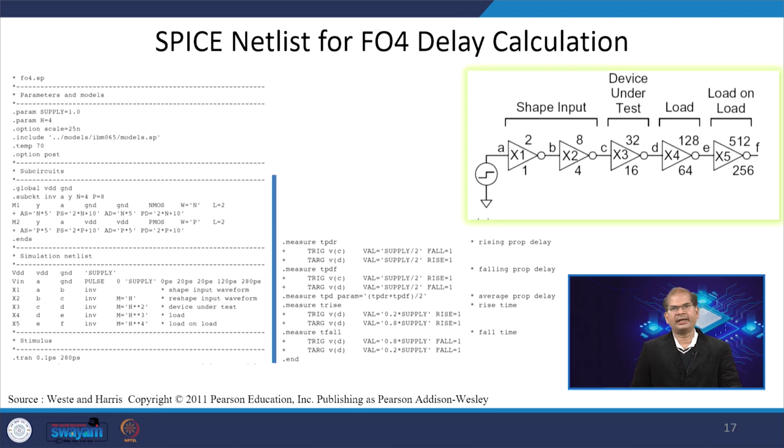To take that into account, we shape the input slew using 2 inverters, and we have a fan-out of 4 load placed here. This is the SPICE netlist for calculating the fan-out of 4 delay of the inverter. The main advantage is that we capture the actual slew information inside the circuit and model nonlinear slews, so this gives more accurate results.